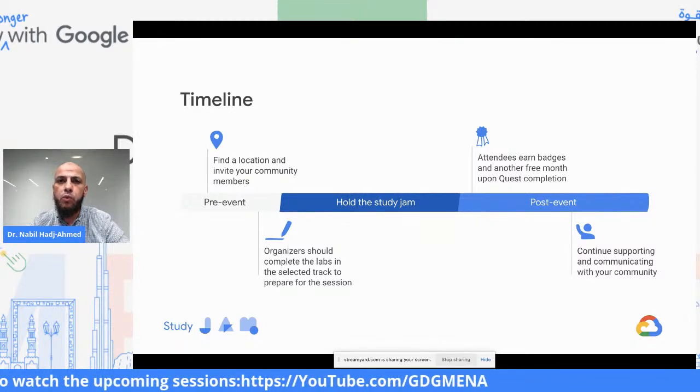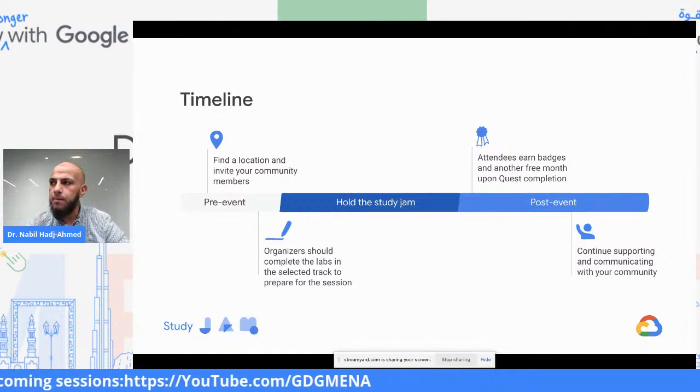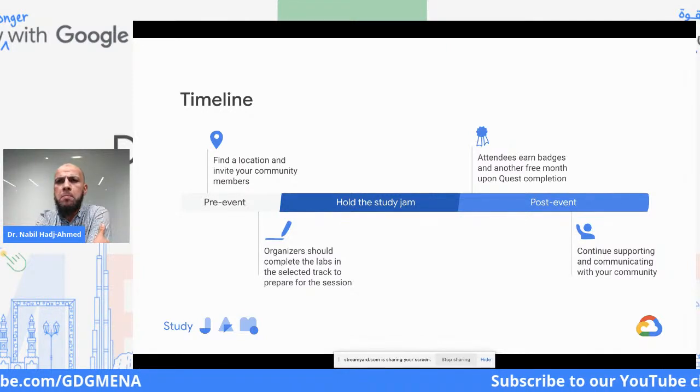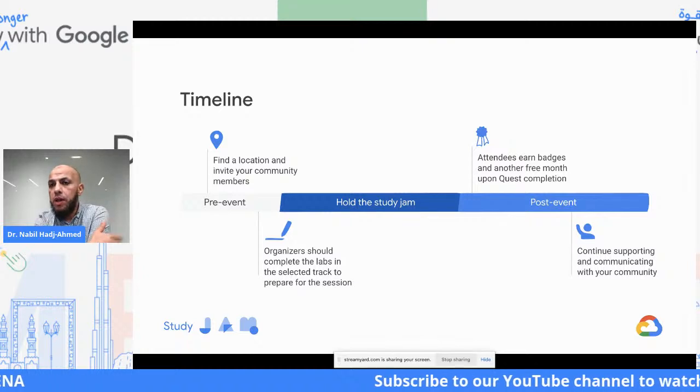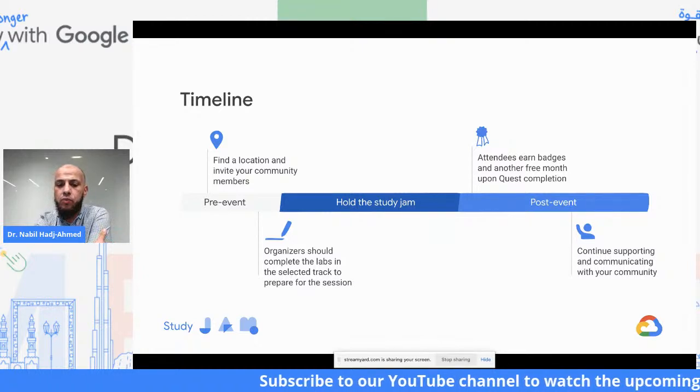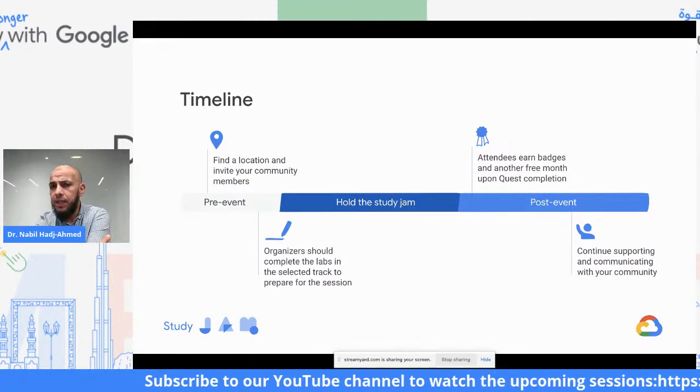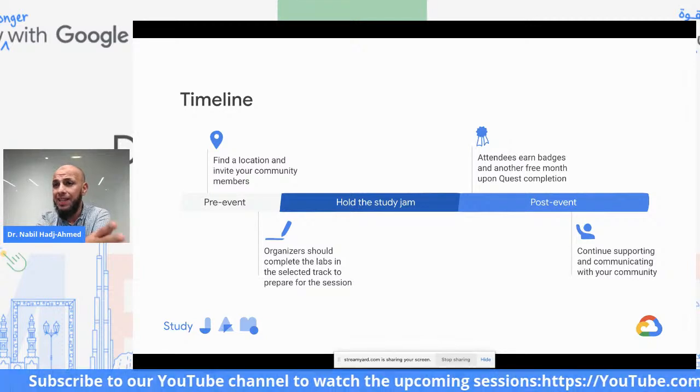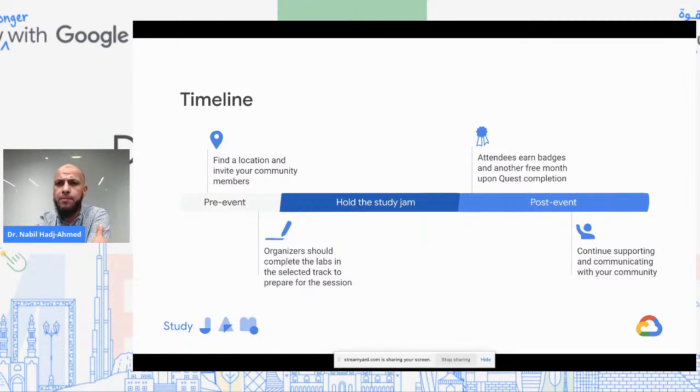But in the meantime, we will be doing this online, as part of this initiative, on a monthly basis. What we are holding here today is a particular track that I'm going to talk about shortly.